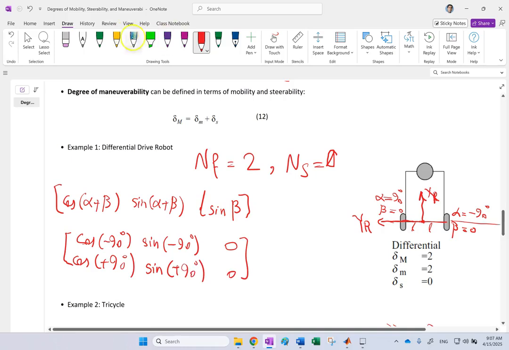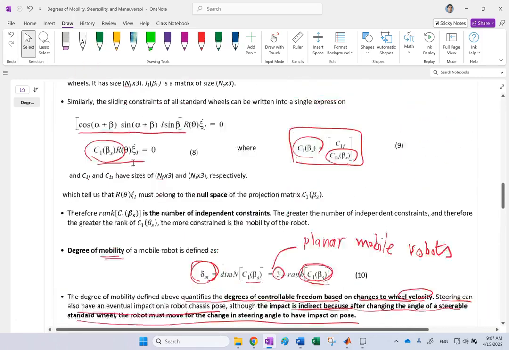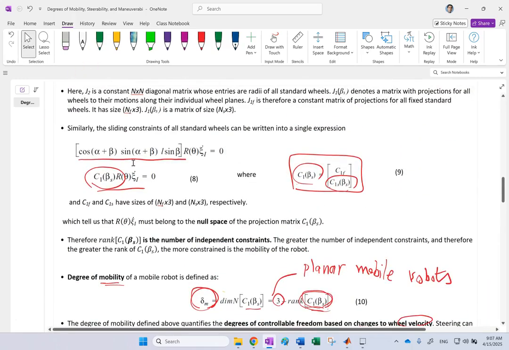If you calculate these numbers, the cosines are 0, the sine is negative 1 for the first and positive 1 for the second. So the matrix that you will get is 0, negative 1, 0, 0, 1, 0. This is your C1, and there is no beta S in this case.